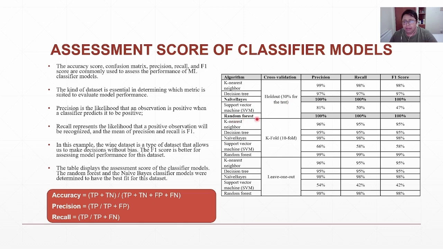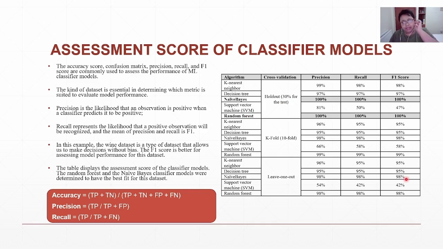And for the random forest also, we can go up to 100%. Sorry, 100% F1 score, and decode rate is also 100% for random forest, if we use 30% holdout technique.